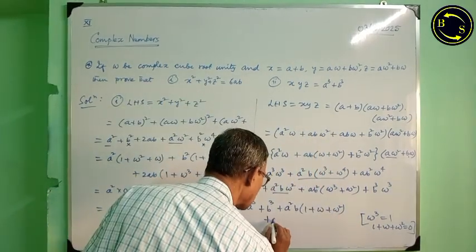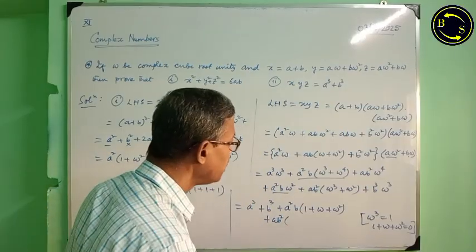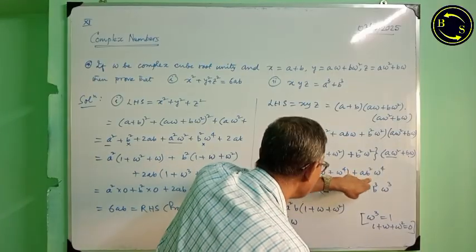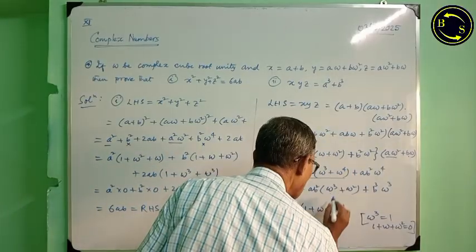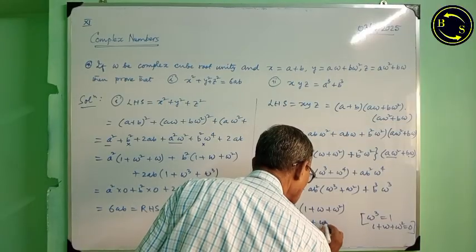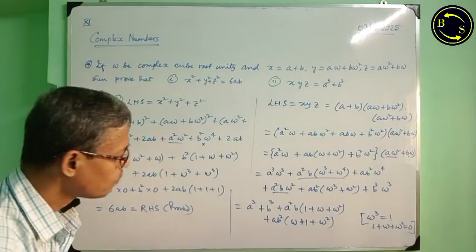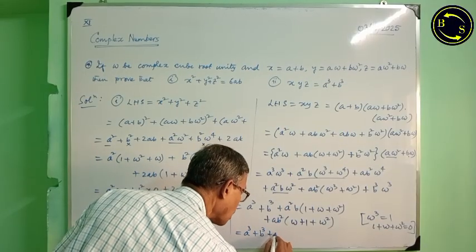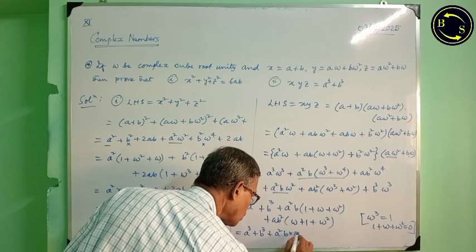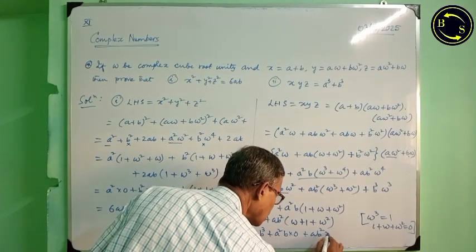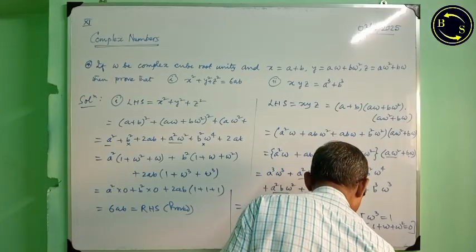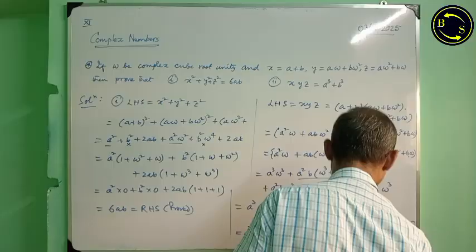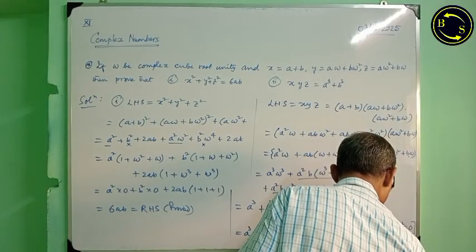Then the ab square term: from this omega to the power 4 means omega, plus omega cube is 1, omega square. That means a cube plus b cube plus a square b into 0 plus ab square into 0. Finally, a cube plus b cube, RHS proved.